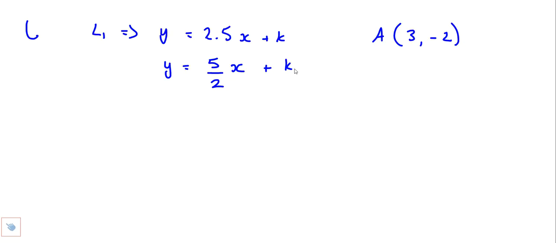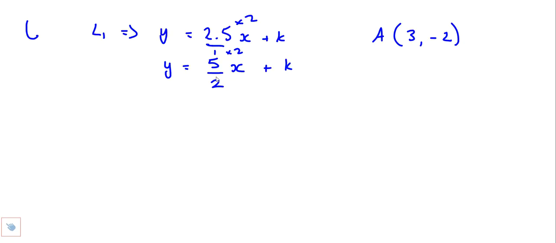I just thought of it as 2.5 over 1, and I can't have a decimal in a fraction, so I multiplied by 2 like you would do any other fraction, and it becomes 5 over 2. That makes it nice and easy, especially in this situation.